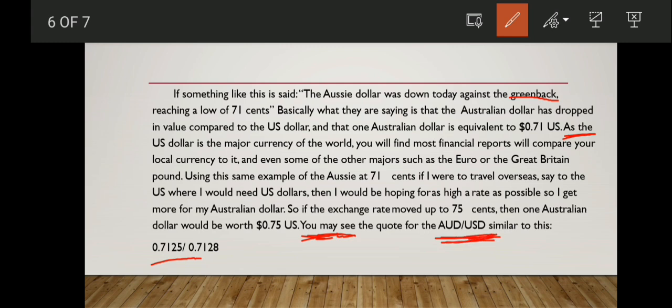Just as we said, the first currency is the base currency and the second currency is the quote currency. In forex, the base currency is the currency that we say how much one amount of the base currency is compared to the quote currency.